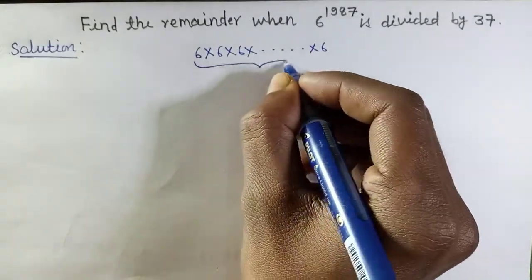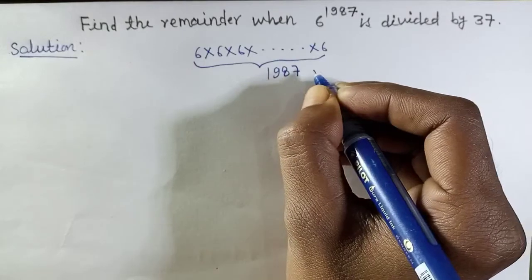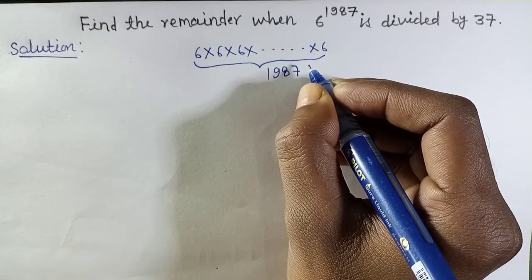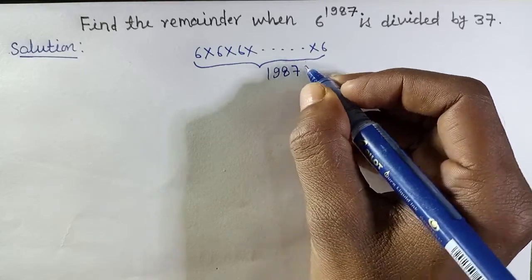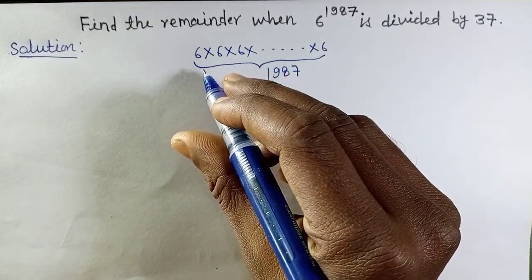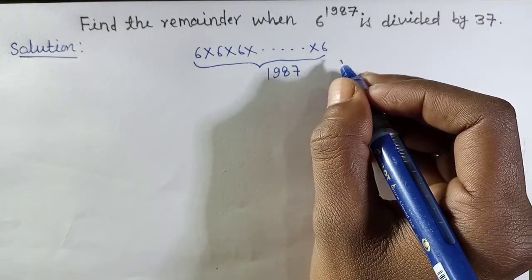How many times? 1987 times. And then divide this large product by 37 to find the remainder.